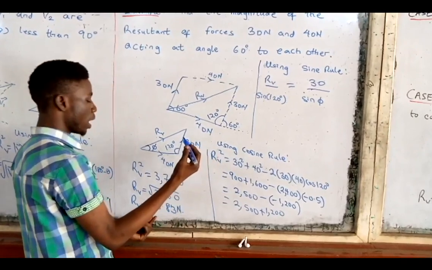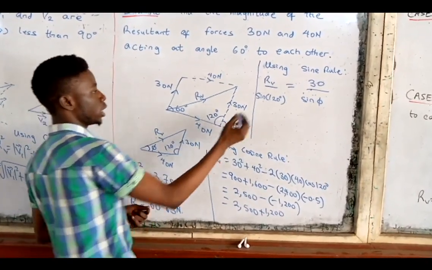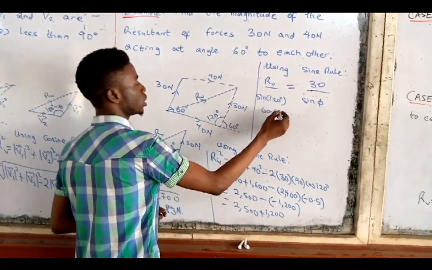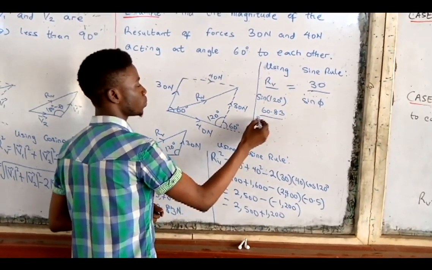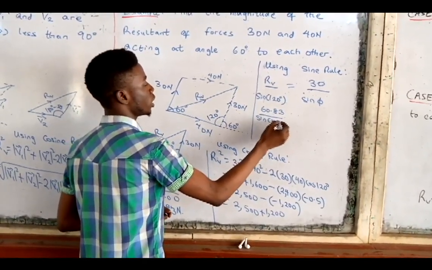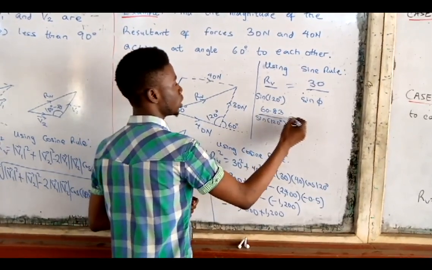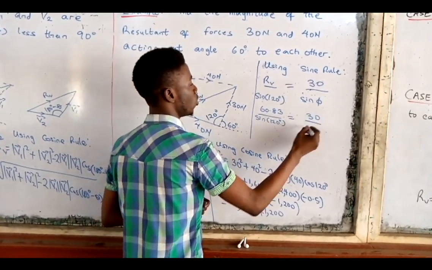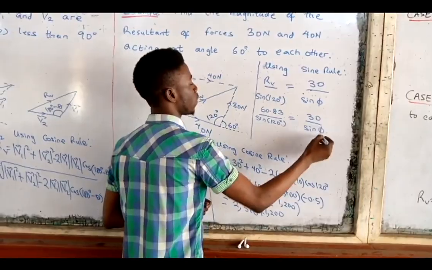Now, the magnitude of the resultant vector is 60.83, so 60.83 over sine 120 degrees is equal to 30 over sine phi.